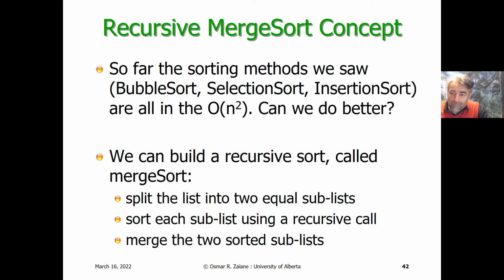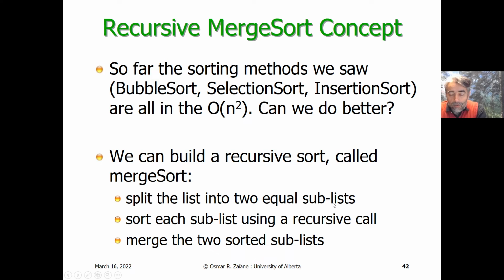But in terms of the number of comparisons, it's in the order of n squared. So we can do this recursion instead, where if we split a container into 2 halves, and somehow recursively sort the left-hand side and the right-hand side, once they're sorted, I can simply merge them and I get a sorted list.